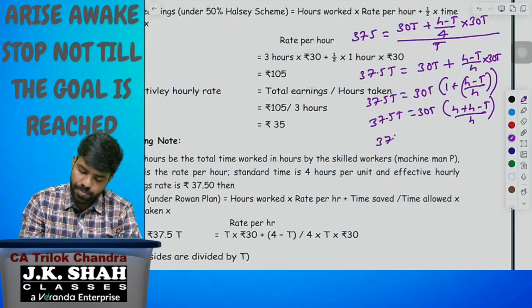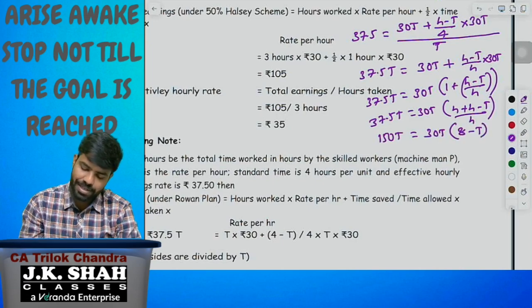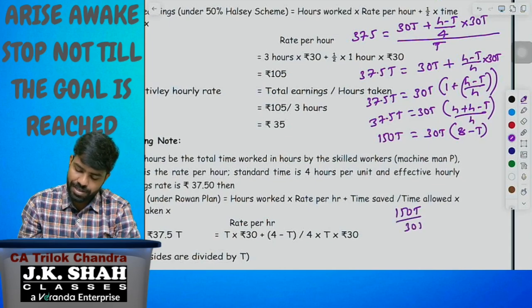Let me take this 4 to this side, so that will become 150T equals 30T into (8 minus T). Taking this side, 150T divided by 30T equals 8 minus T.